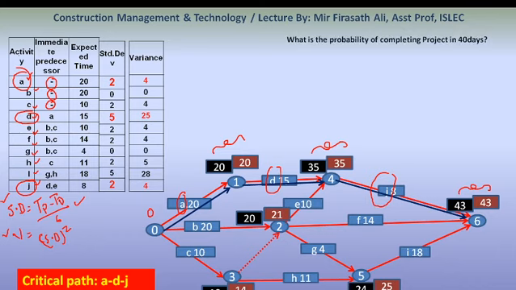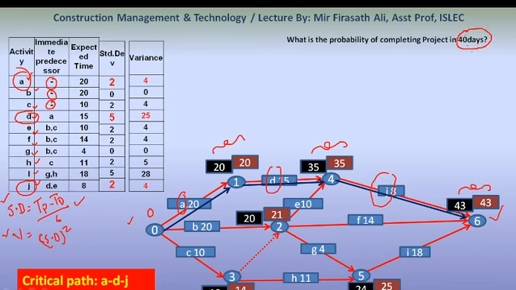As you can see, this project is completing at 43 days according to the logical diagram. So what is the probability of completing this project in 40 days?